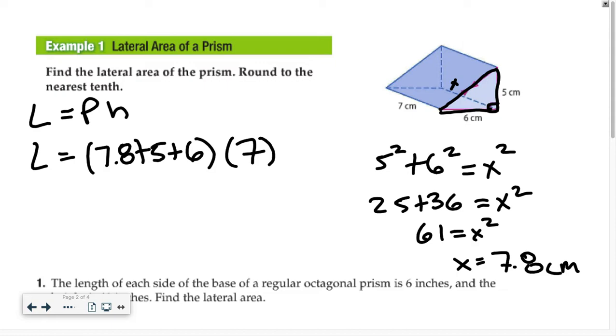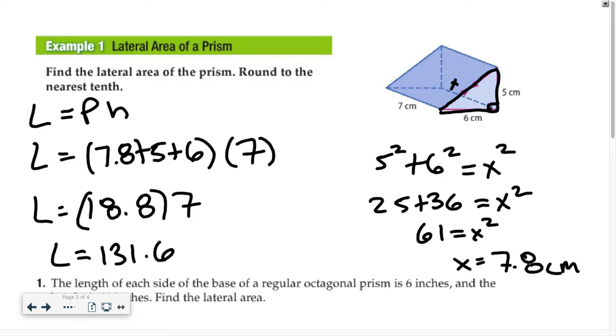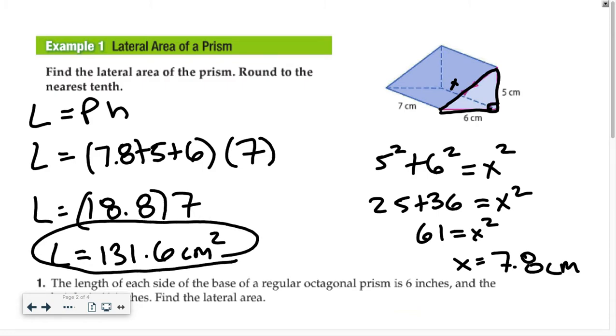The height of the prism is 7, so 18.8 times 7 is 131.6. Lateral area is 131.6. This is an area, so that is centimeters squared.